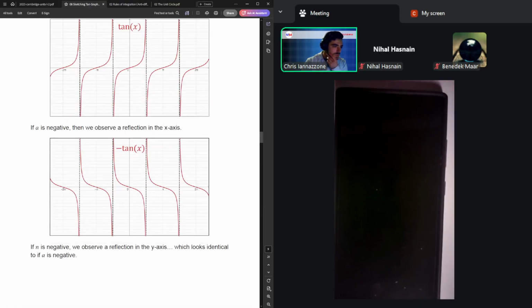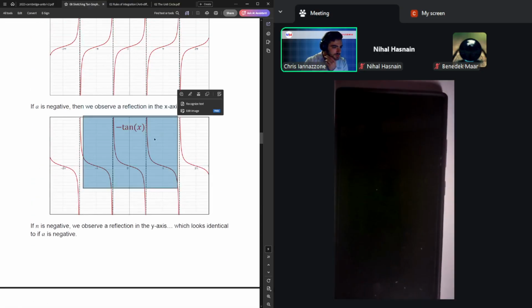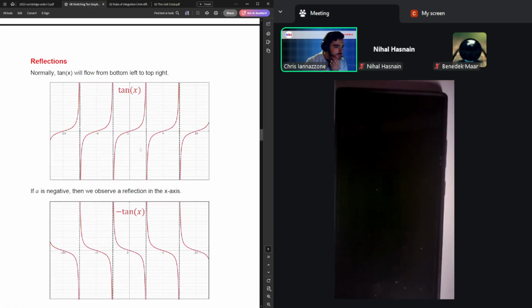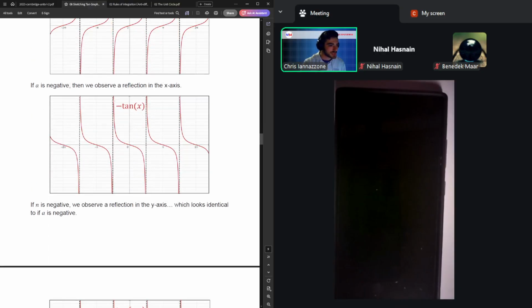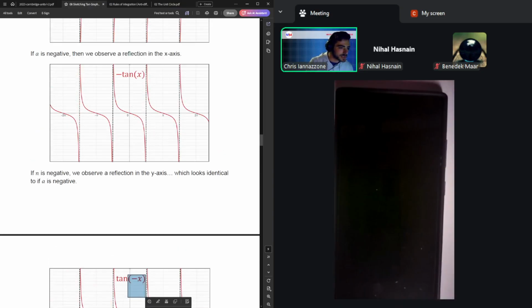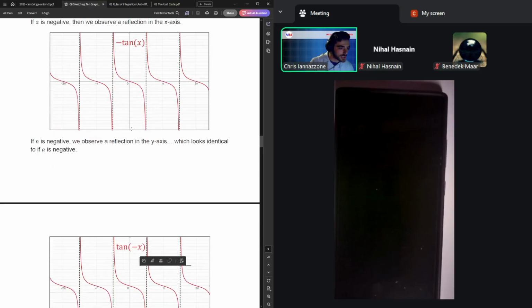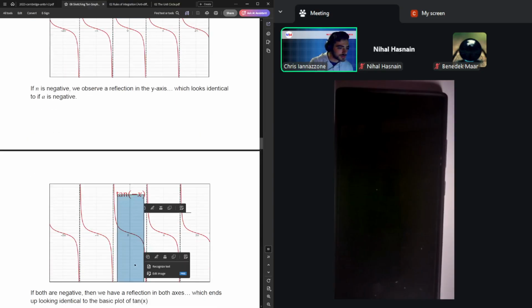Cool. Kind of already touched on the reflections just briefly at the end there. One thing I should follow up on further is that, because of the nature of tan, the basic tan is an odd function by definition. What that means is whether you reflect it in the x-axis or in the y-axis, see that the negatives are in two different spots, you actually get the same overall shape.